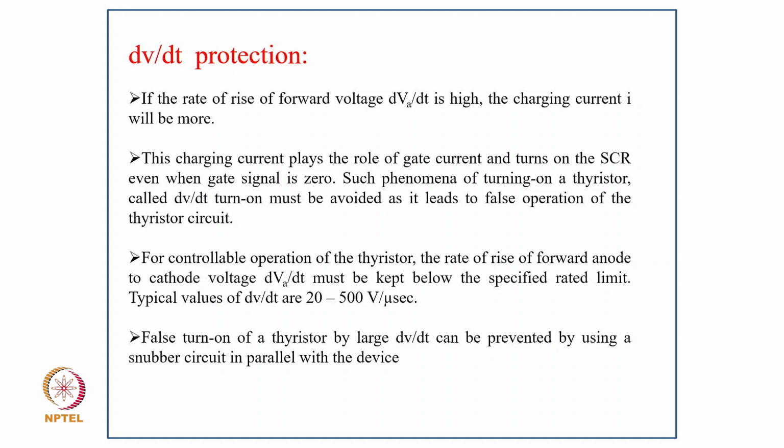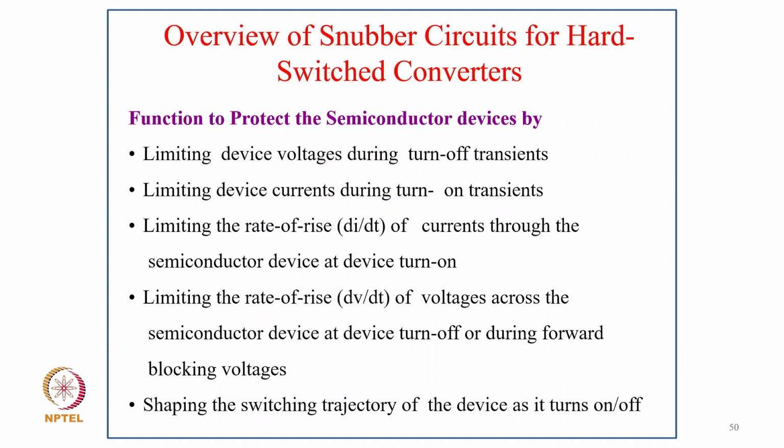So for controllable operation of the thyristor, the rate of rise of the forward anode to cathode voltage must be kept below the specified limit, and typical values of dv by dt are again 20 to 500 volts per microsecond. Fast turn on of the thyristor by large dv by dt can be prevented by using a snubber circuit in parallel with the device, which limits the rate of rise of the voltage across the device.